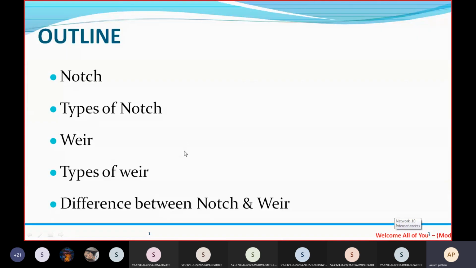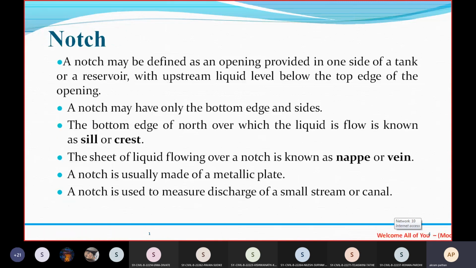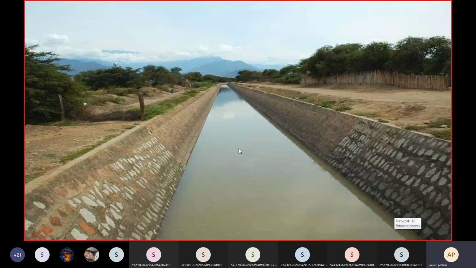So basically, what do you mean by the notch and what do you mean by the weir? I am going to tell you the definitions of notches and weirs. For example, if you want to measure the discharge, we have a channel of any type or shape.